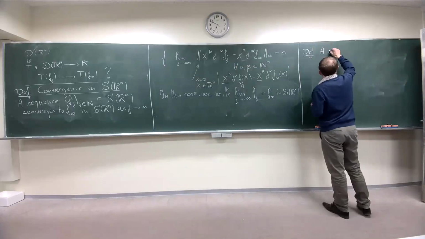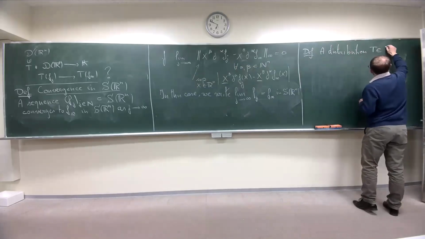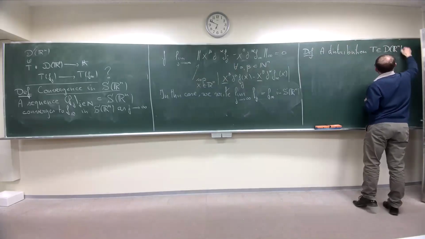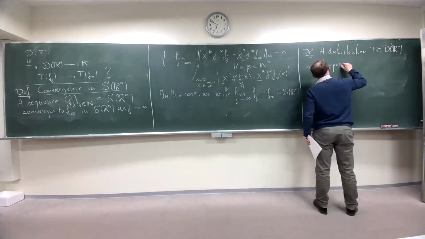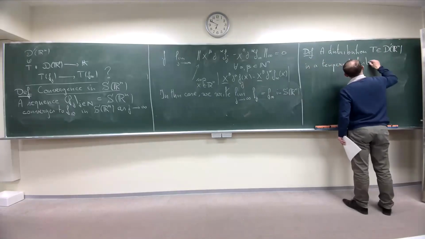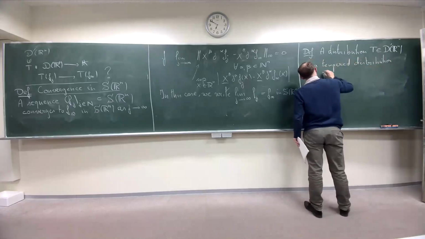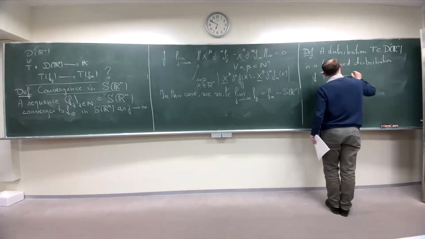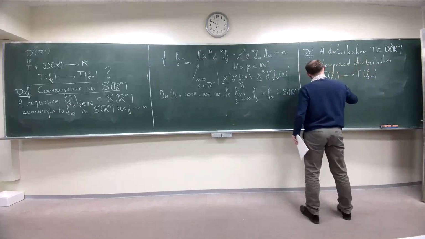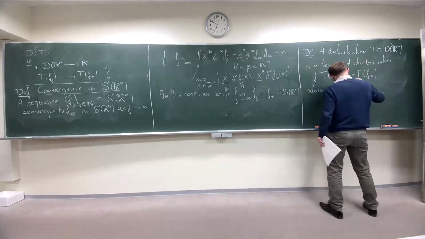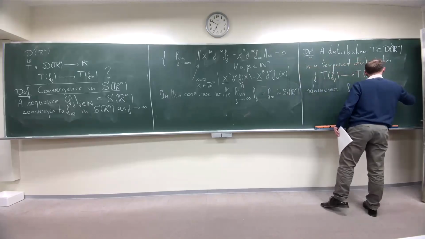The distribution T inside the set of distributions is a tempered distribution, this is a definition, it's called a tempered distribution, if T of f_j goes to T of f_infinity whenever f_j converges to f_infinity in S of R^n.